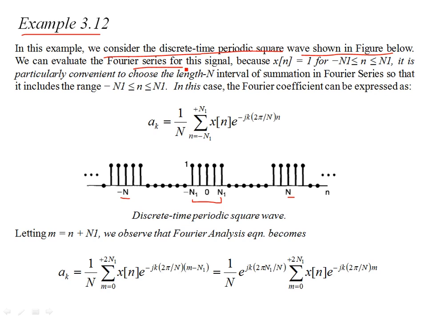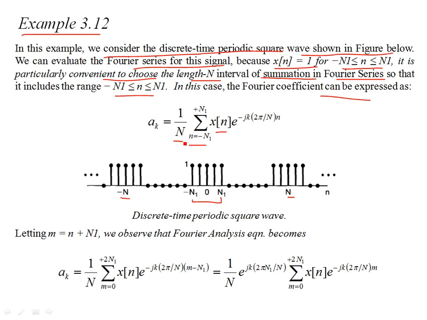So we can evaluate the Fourier series for the signal because x of n is 1 for the given range. It is particularly convenient to choose the length of the interval of summation in the Fourier series so that it includes the range. In evaluating the Fourier coefficients, we do this over the range of the signal x of n where it is non-zero, minus n1 to plus n1.